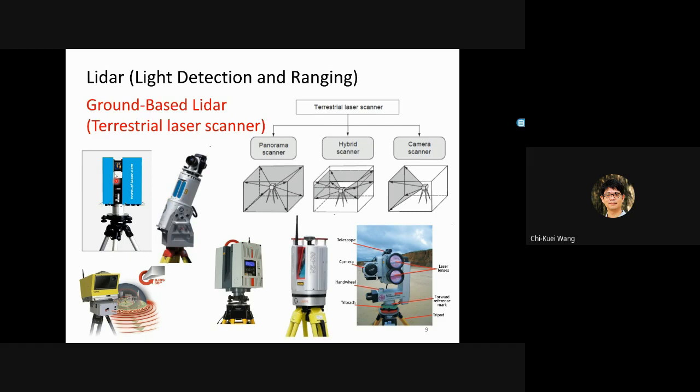This is where the laser is transmitted, and it rotates. The whole system will rotate like this, and the mirror rotates like this. Depending on the way they rotate, the first one is a panorama scanner, so it scans everywhere.